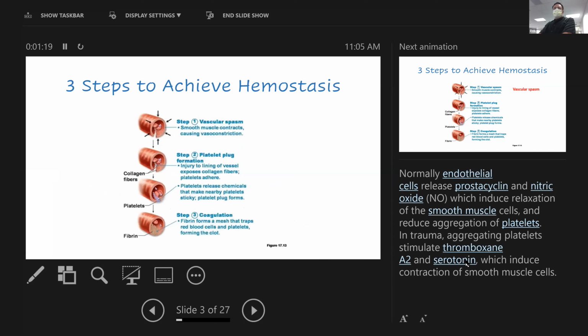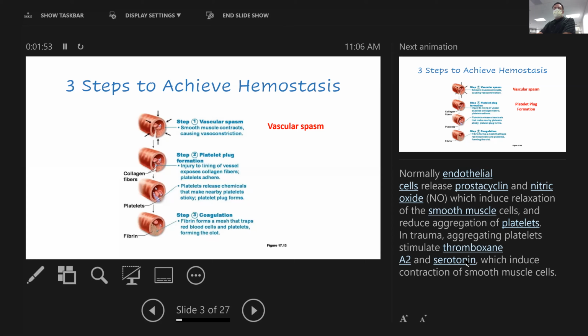So a little bit about some basic pathophysiology. There are essentially 3 steps to achieving hemostasis. The first step involves vascular spasm. At baseline, when blood vessels are not under the battery of trauma, endothelial cells, which line the inside of the blood vessel, release certain chemicals, namely prostaglandin and nitric oxide, that help to relax the smooth muscles of the blood vessel.